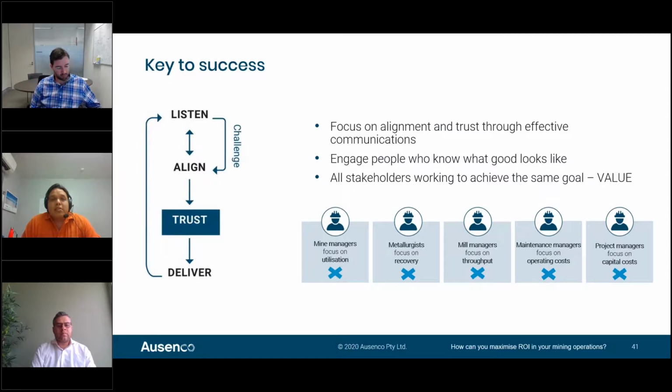Establishing trust is critical. We focus on creating alignment and trust with our client and within the team through effective communications, trying to seek buy-in from different stakeholders by demonstrating the benefit of a well-implemented improvement, or on the opposite, the impact of not getting it right.